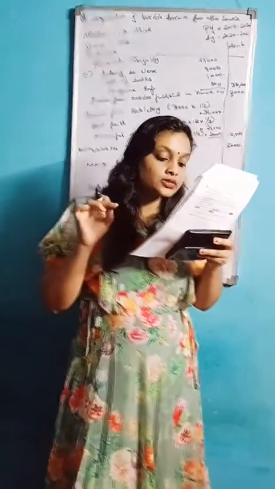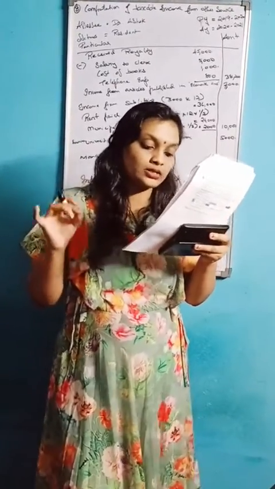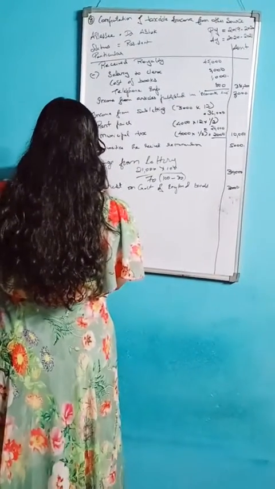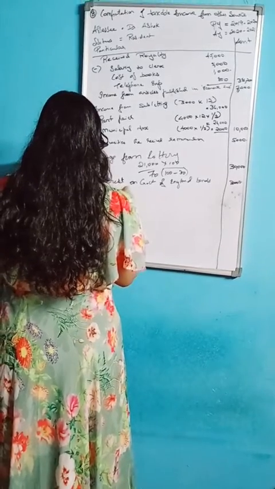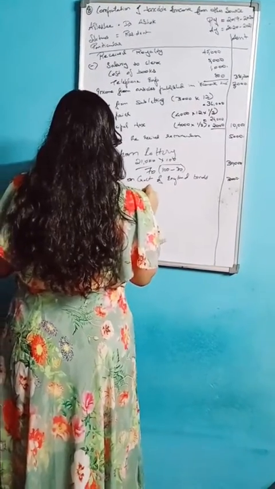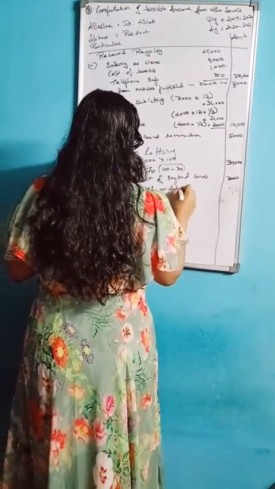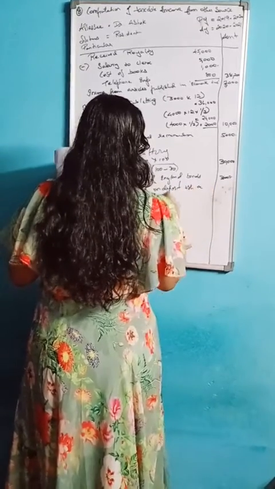Next one is interest received on deposit with the firm. It's taxable. The amount is 5,400, because the deposit with the firm has been given in the question. So interest received on deposit with a firm.